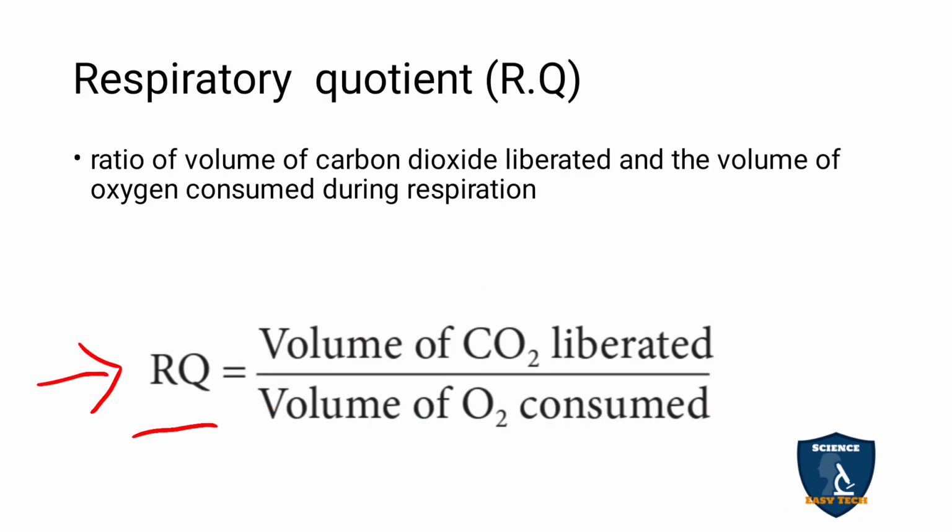The volume of carbon dioxide liberated is 6 and the volume of oxygen consumed is 6. So 6 by 6, you cancel, means 1. So the aerobic respiration of glucose has an RQ value of 1, because 6 carbon dioxide is liberated and 6 oxygen is consumed. Both are cancelled, so you will get 1. So this is the RQ.